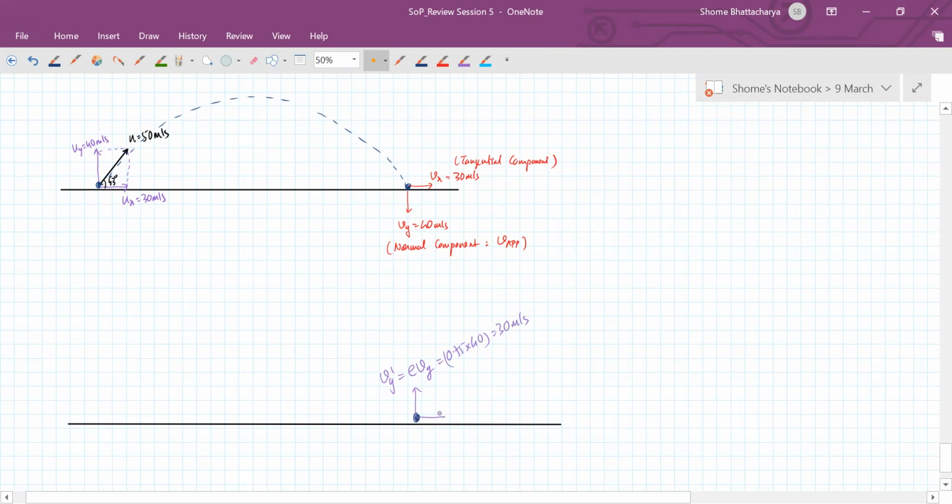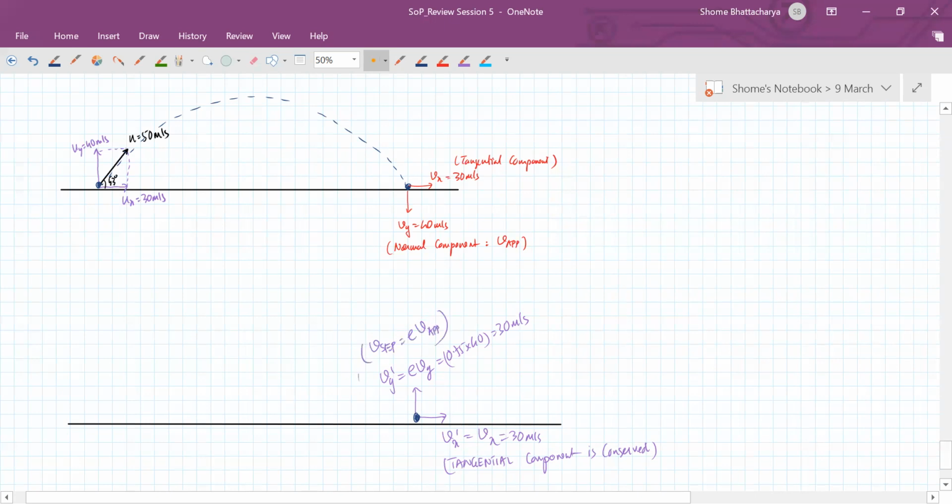Whereas this component of velocity, let's say Vx prime, remains conserved, because the tangential component is conserved, and V separation is equal to e times V approach.